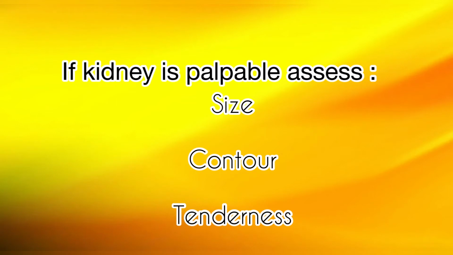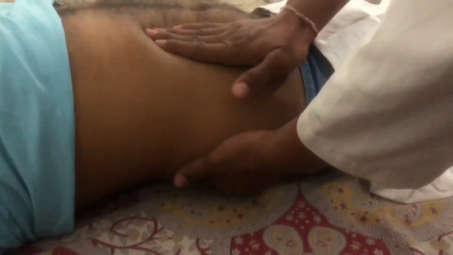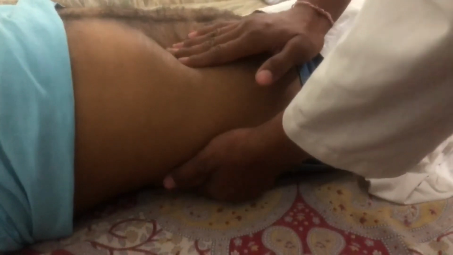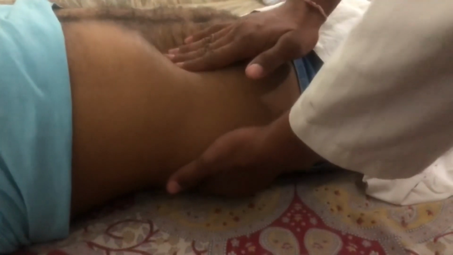Now ask the patient to take a deep breath. At the peak of inspiration, press your left hand firmly and deeply into the left upper quadrant, trying to capture the kidney between your hands. If the kidney is palpable, assess its size, contour, and any tenderness. To capture the patient's right kidney, return to the patient's right side and use your left hand to lift up and your right hand to feel deep in the right upper quadrant. Proceed as before.